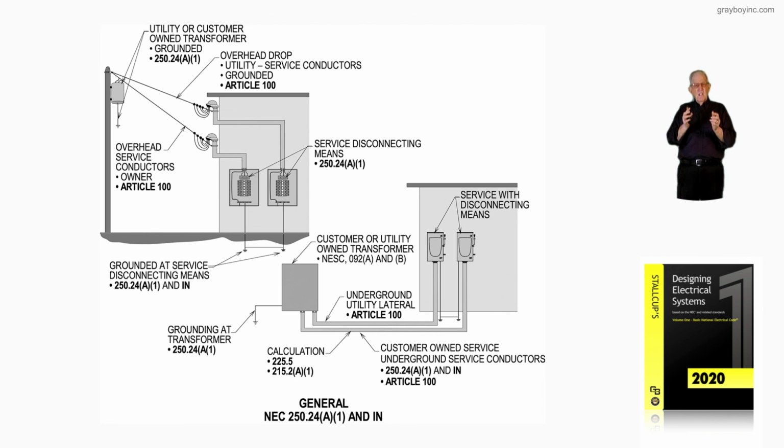Those definitions of service drop, service conductors, and utility service lateral are defined in Article 100 and used in conjunction with 250.24A and the informational note. And that's what this figure 16-22B is illustrating.